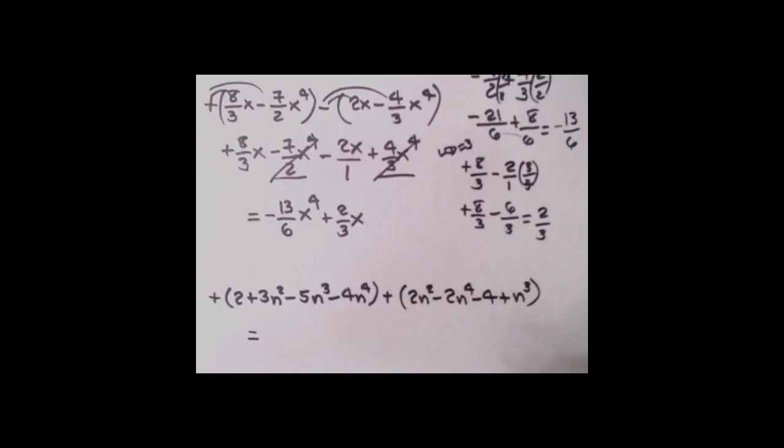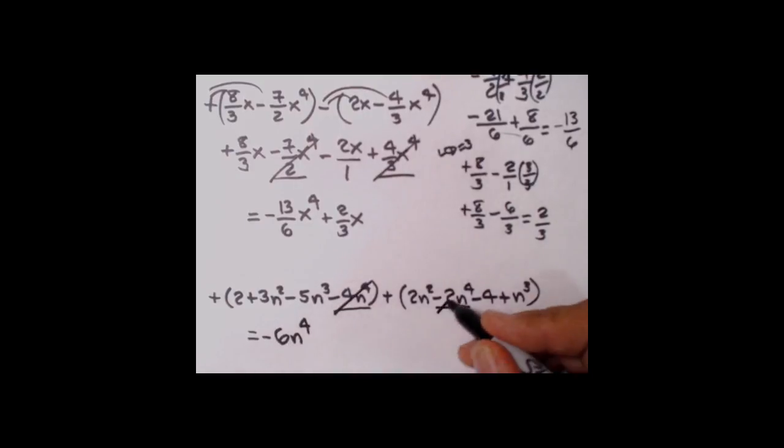Again, we'll write it in descending order. The highest power I see in each of these is n to the 4th. So here are the two n to the 4ths. I have minus 4 here and minus 2 more. That's a total of minus 6 n to the 4th.